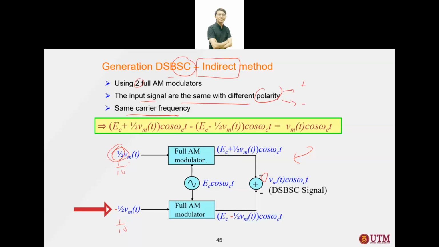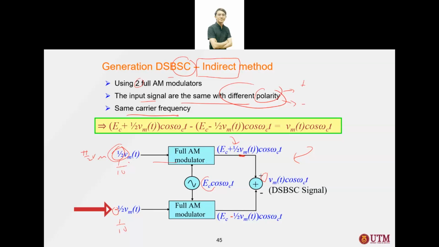So half Vm(t) going into the full modulator mixed with Ec cos omega c t, you're going to have the double sideband full carrier equation with reduced magnitude of the message signal. This is the positive polarity. Remember the word polarity. And the other is assigned a negative polarity.